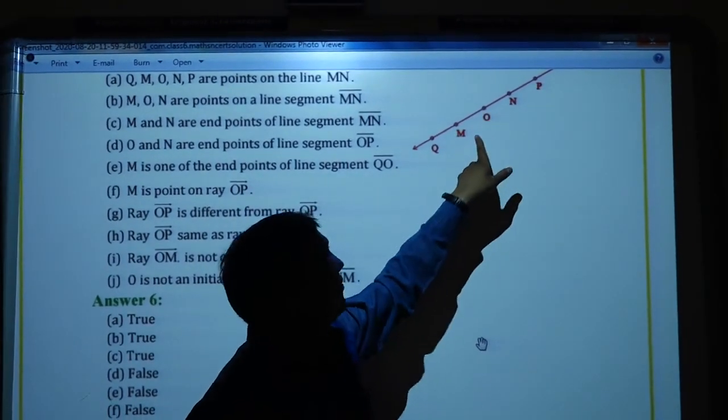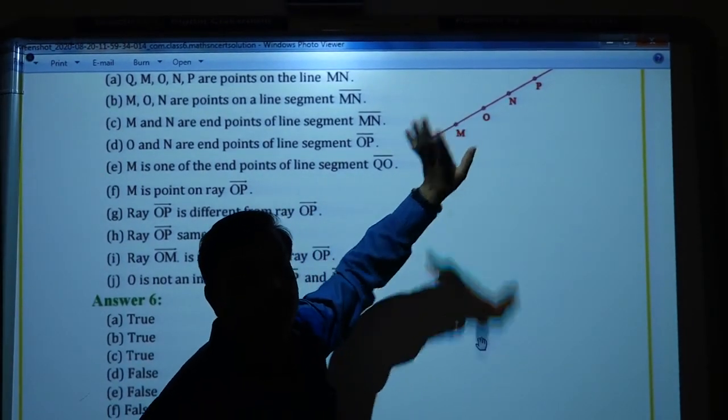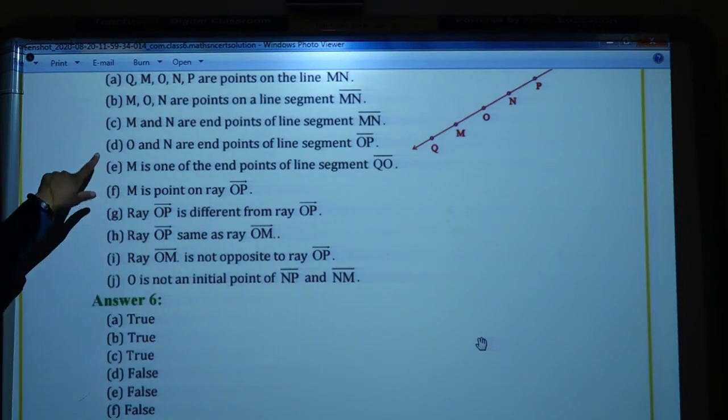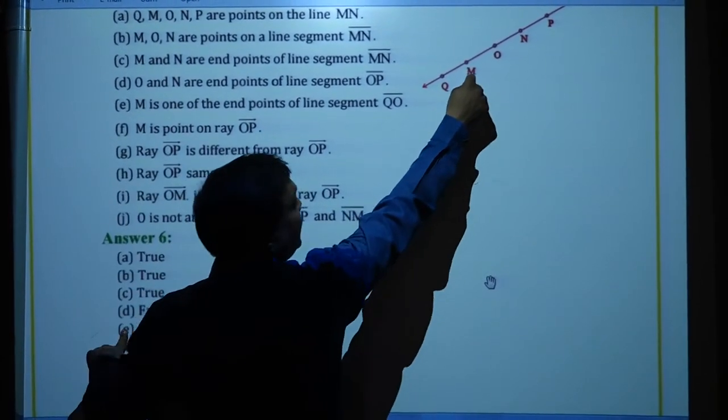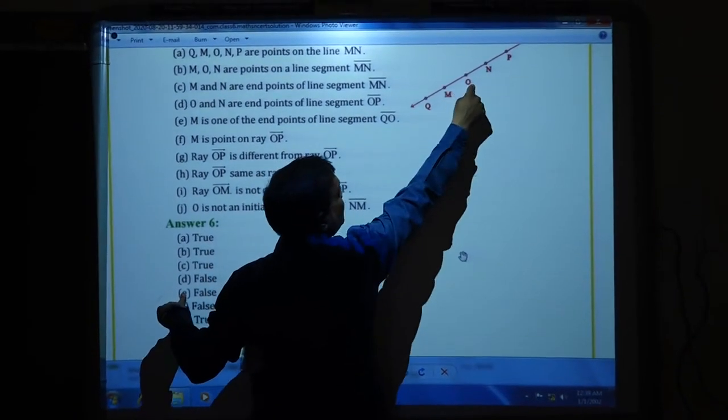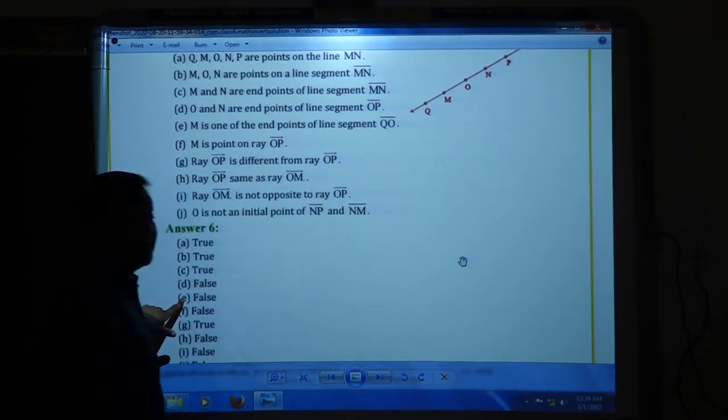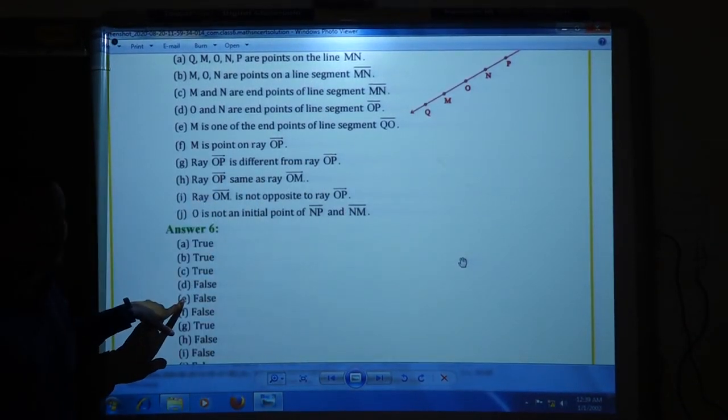No. Why? M is in the middle. It's not an endpoint. So it is false, because M is in the middle. Q is an endpoint, O is an endpoint. That's why M is in the middle. So it is false.